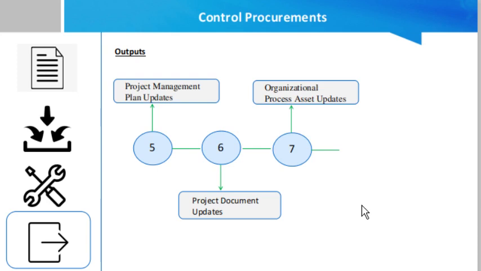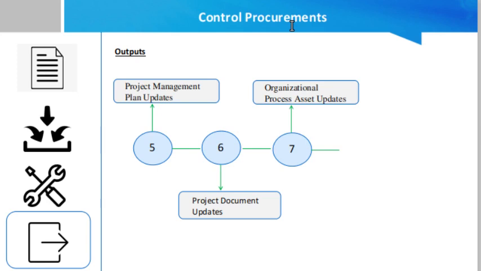So friends, we have discussed the inputs, tools and outputs for control procurement. The main concept of control procurement is basically that we are controlling the procurement.